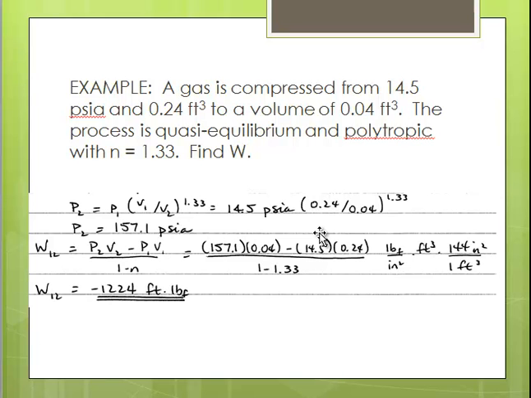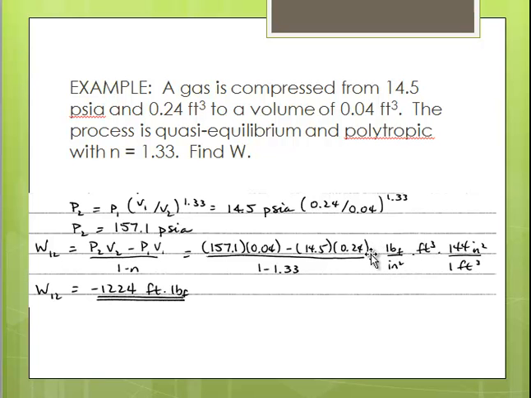Now, that tells me what the pressure is, but I want to know the work. So I'm going to take this pressure times that volume, V2 is 0.04, subtract P1, 14.5, times the volume V1, 0.24, divide all that by 1 minus 1.33. Now, what are the units here? A psia is a pound force per square inch.